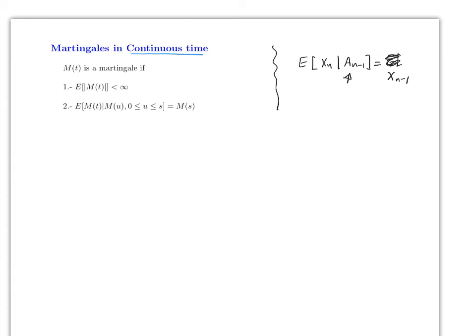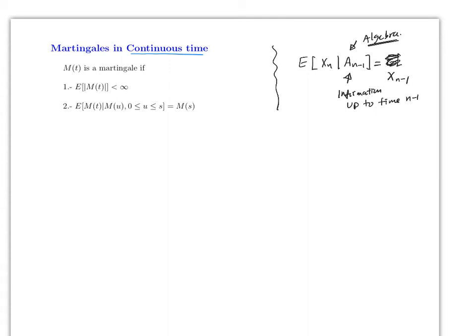Remember that this is the information up to time n minus 1 for the discrete time, and this was an algebra.